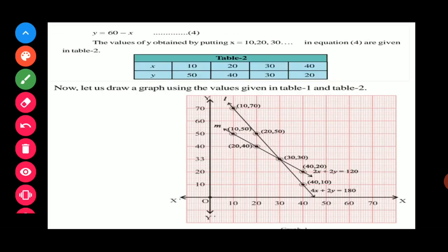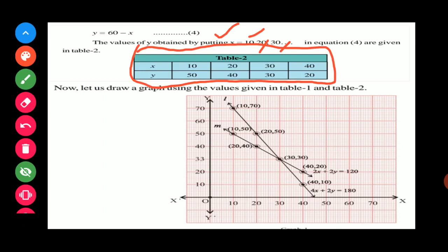Now come to this equation. So we get y is equal to 60 minus x. Now form a table, put the values of x, 10, 20, 30 in this table. You have to see and put the values. You can put your own values also.